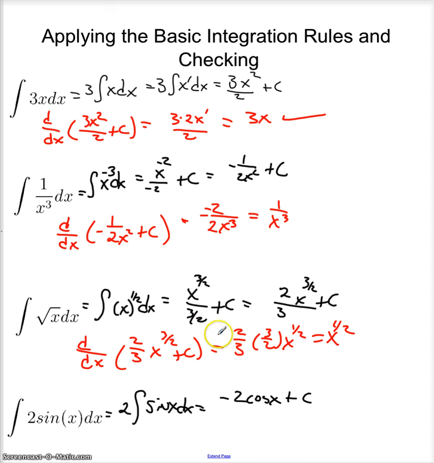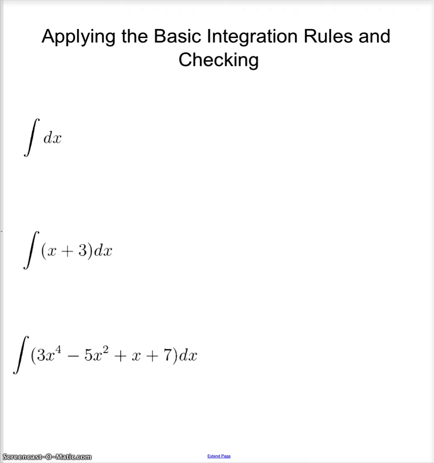Look what happens when I check it. d dx of minus 2 cosine x plus c is minus 2, derivative of cosine is minus sine of x. Okay. Now, you can see how this is going. If I just want to integrate x, then I integrate 1 dx. So this is just x plus a constant.